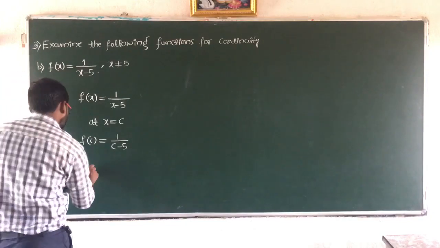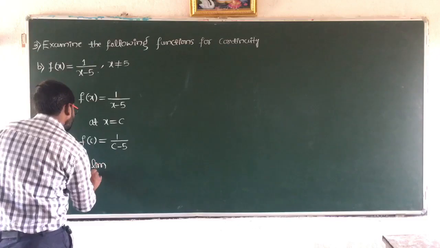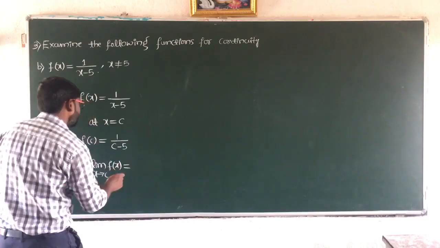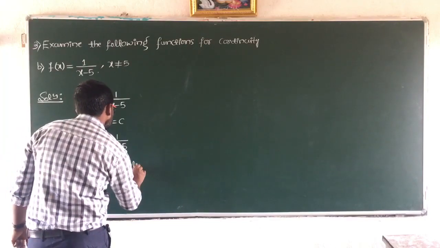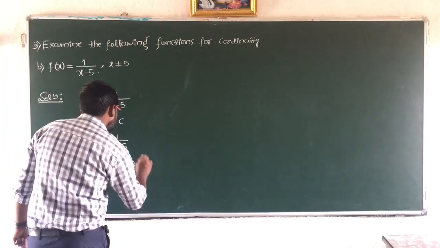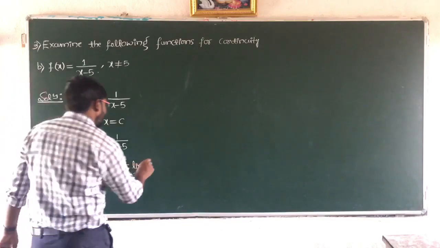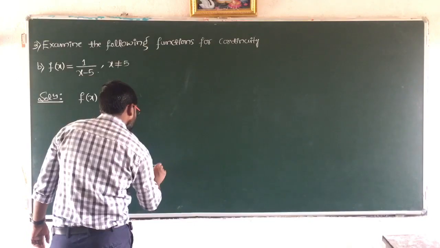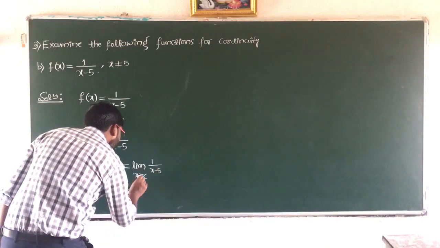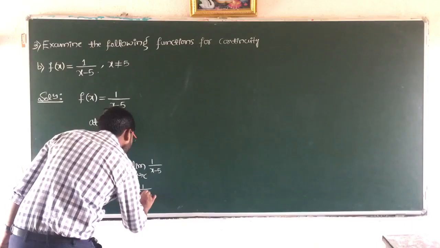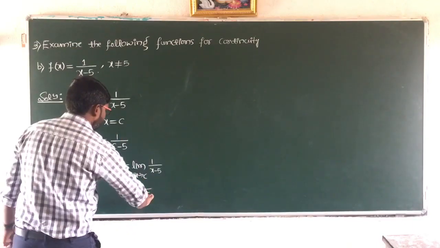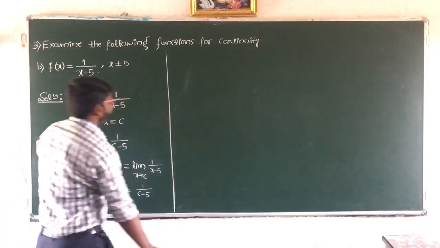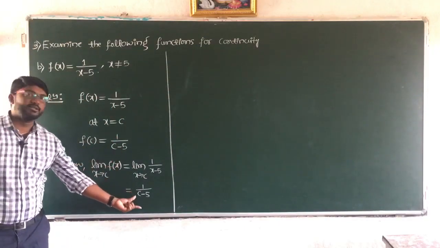Now limit x tends to c f of x is equal to limit x tends to c. What is f of x now? It is 1 divided by x minus 5. So apply the limit, we get 1 divided by c minus 5. Therefore, here the value of the function is equal to the limit of the function.